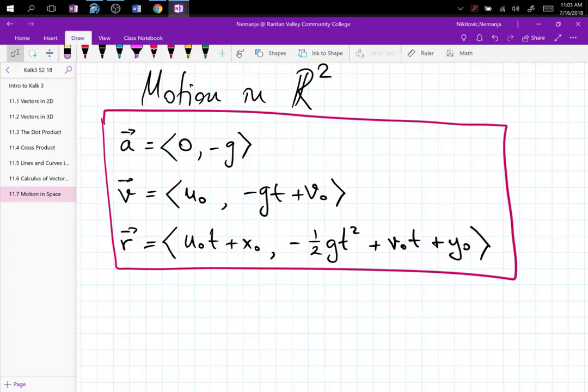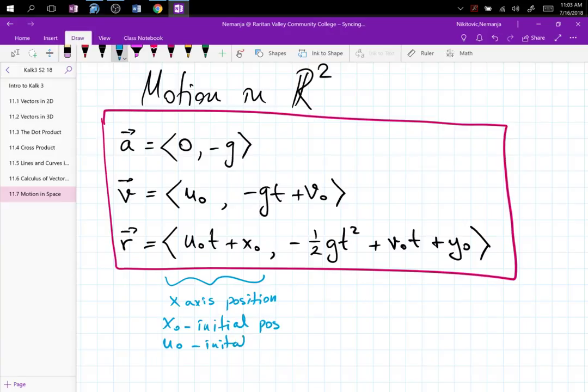And I just want to point some arrows and put some acceleration. So this over here is the x-axis position. And you see that it depends on x0, the initial position, and then u0 is the velocity in the x direction.